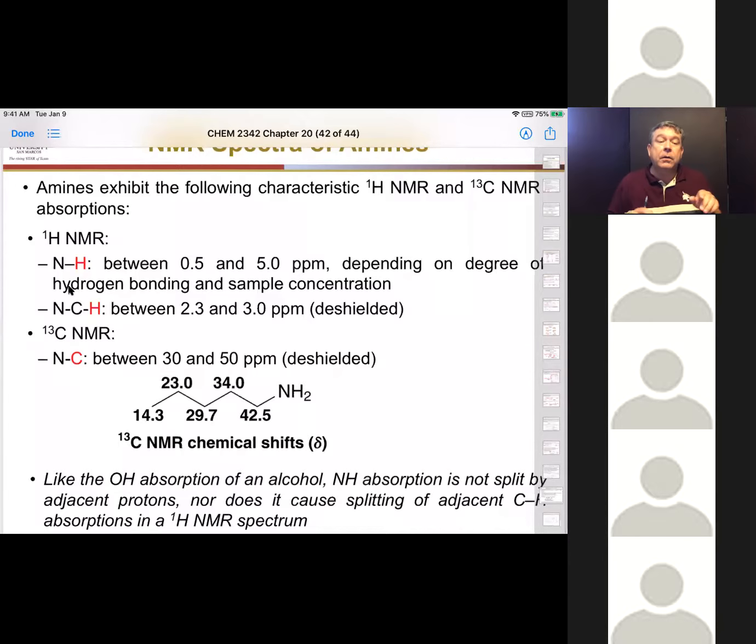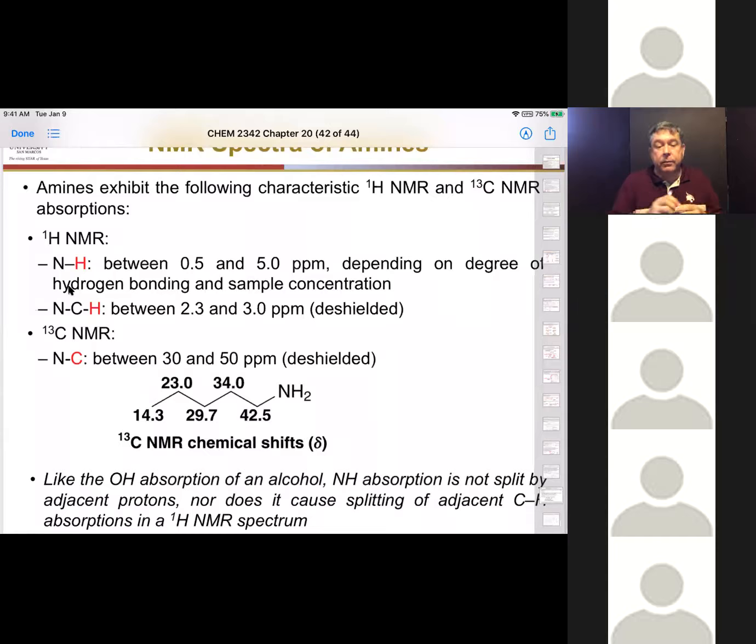Just like with alcohols, the hydrogen that's 2 bonds over from it is shifted higher than with a regular compound. And in carbon NMR, it's the same thing. It's shifted about to the 30 to 50 ppm range, up from about 10 to 20. Okay, like in the alcohol species, it does exchange when you add acid to it. And like alcohols, you do not split through a nitrogen.